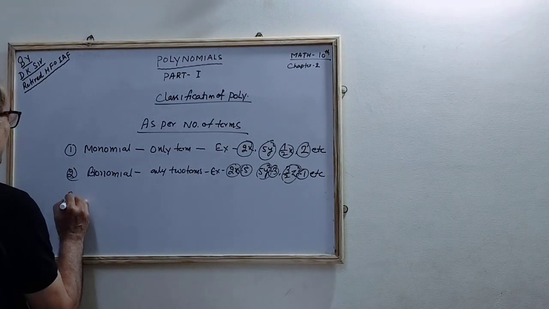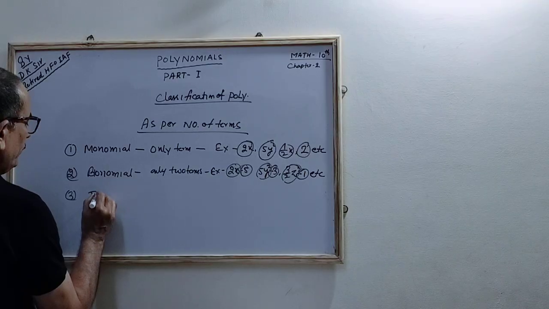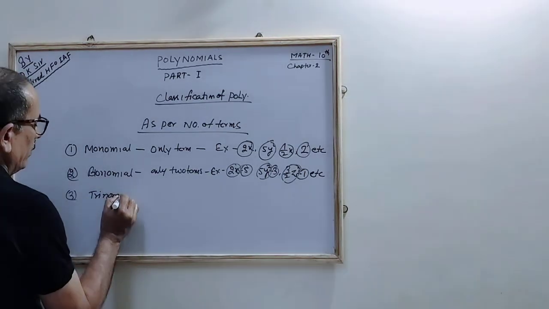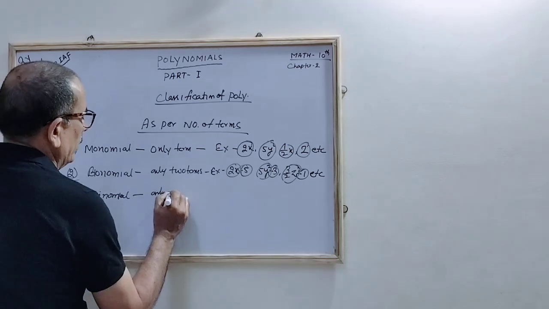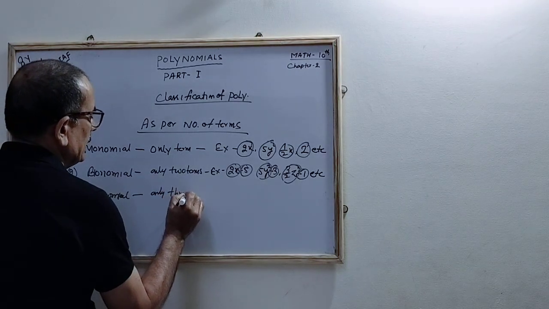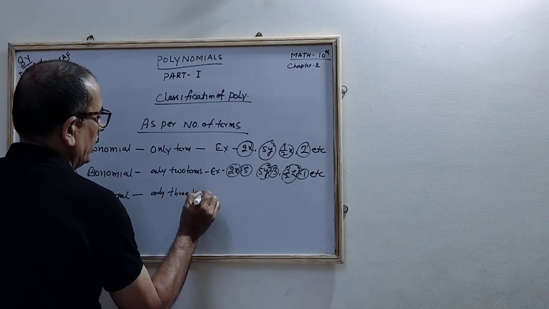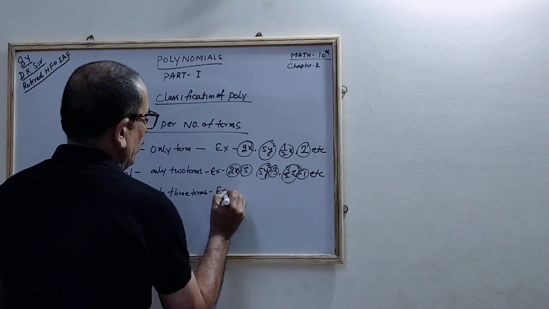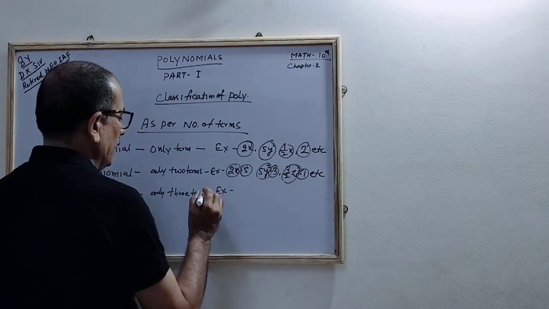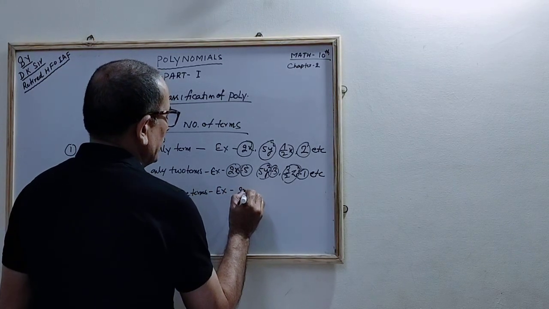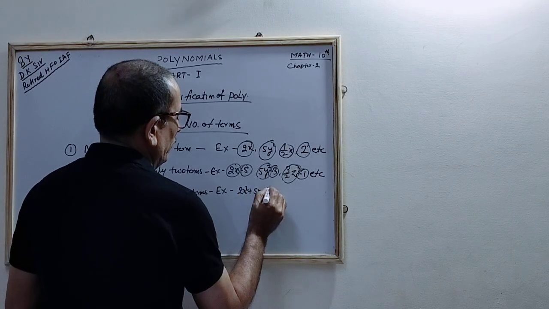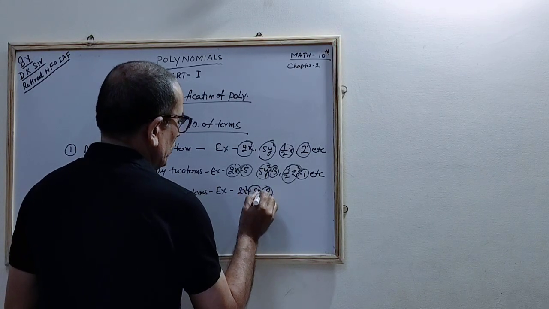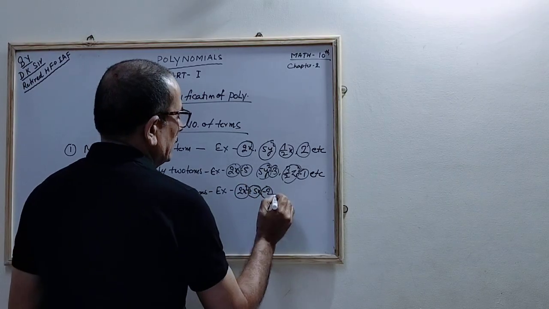The third is a trinomial, correct? In a trinomial we find that three terms are there. Example: 2x square plus 5x minus 2. There is a minus 2, a plus 5x and 2x square, so three terms are there.